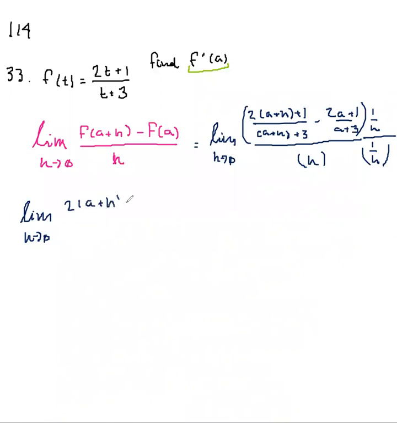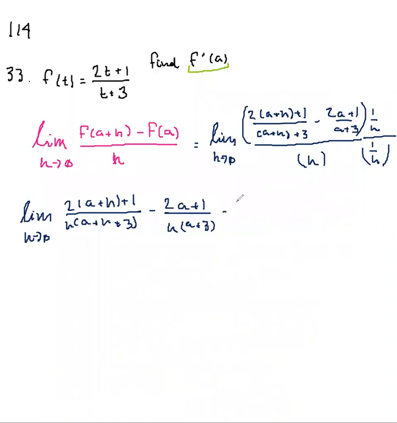Sorry, this is just gross algebra stuff. This is not conceptual. This is me just trying to figure out how best to simplify this. Yeah. So that's going to be our bottom one right here. And then it's going to be minus 2a plus 1 over h times a plus 3.